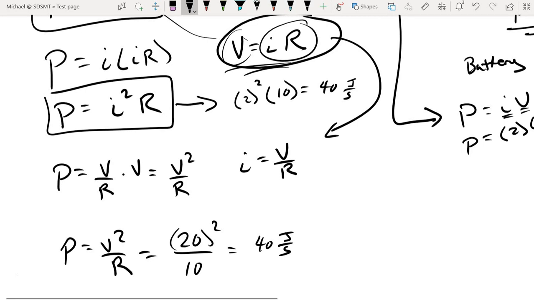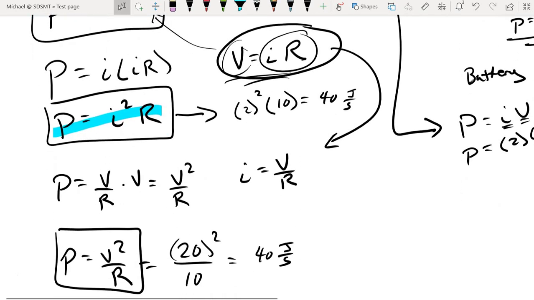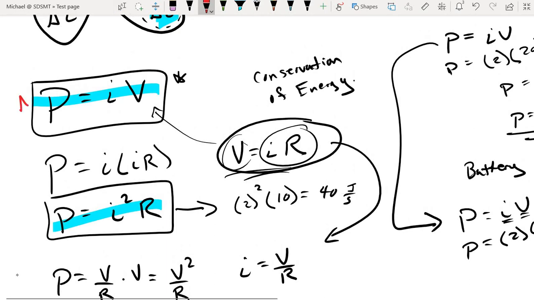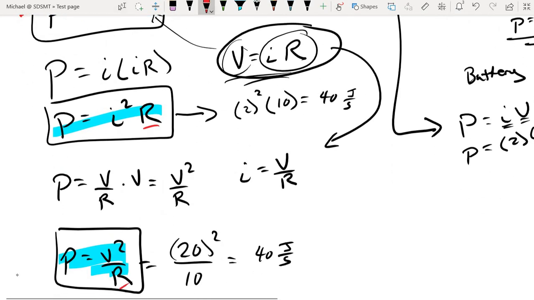So all 3 of those equations can be used to find the same power value of our resistor. However, only this equation can really be applied to the battery, because each of these second equations specifically have the resistance value of the resistor.